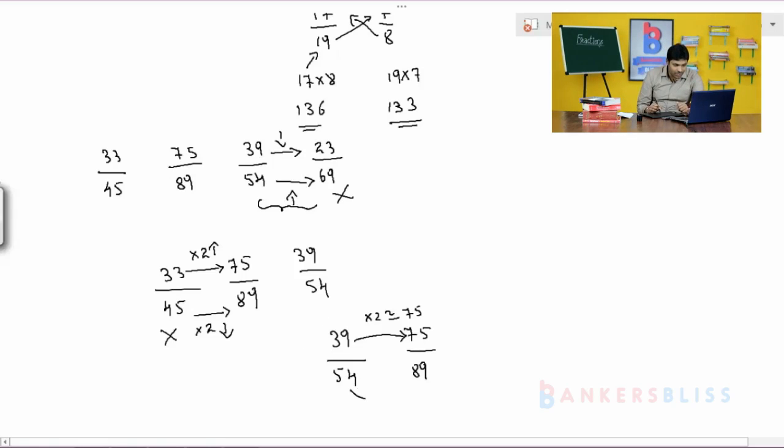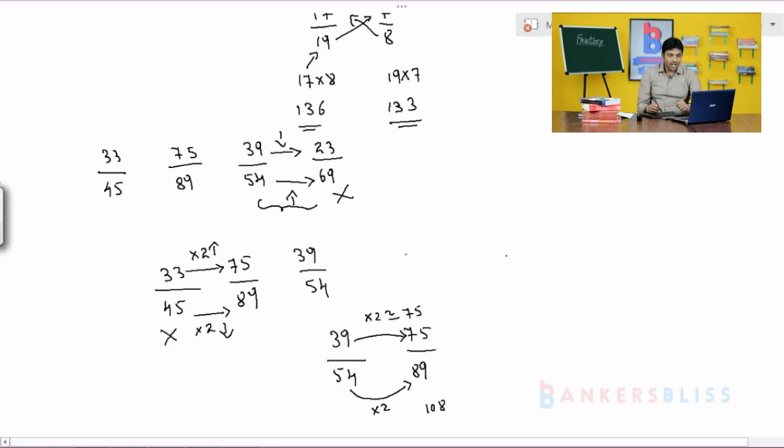But see here, 54 into 2, you should get 108, but you are getting only 89. Here the numerator is almost equal to 75. Therefore, the numerator increasing rate is more than the denominator increasing rate.